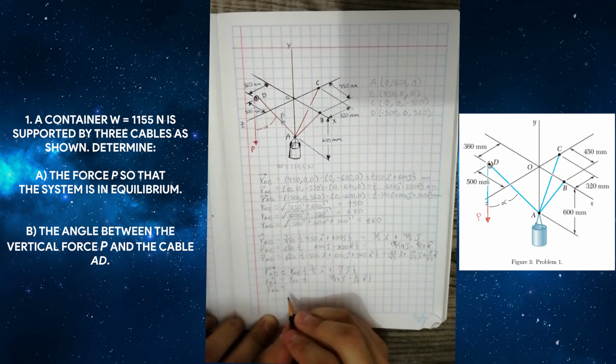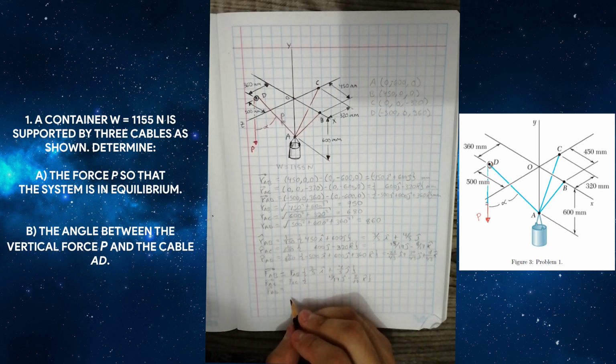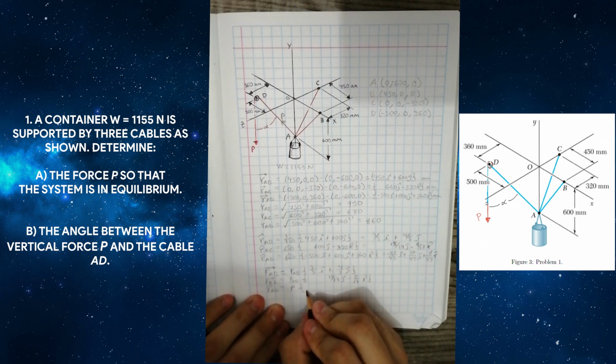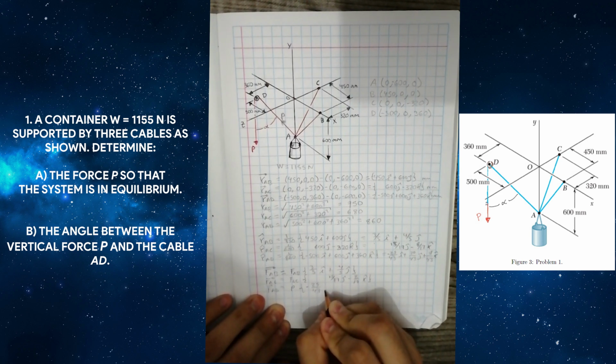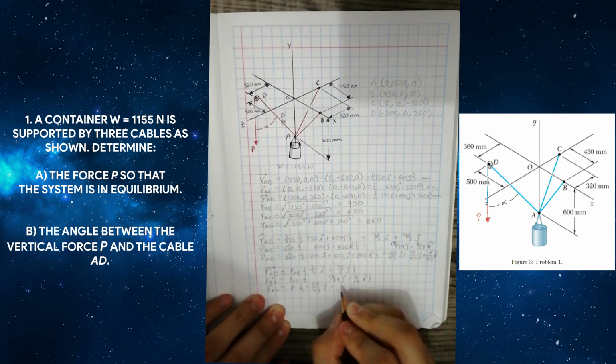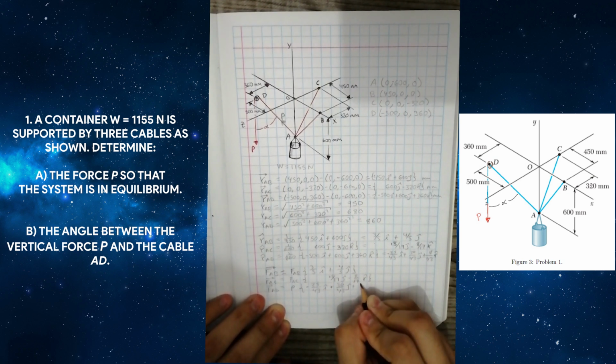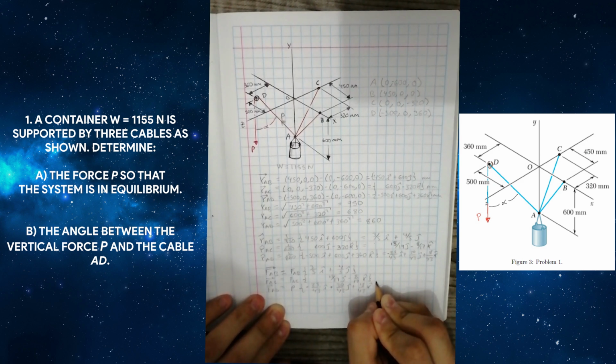The last is its magnitude P times its respective unit vector, that is negative 25 over 43 i plus 30 over 43 j plus 18 over 43 k.